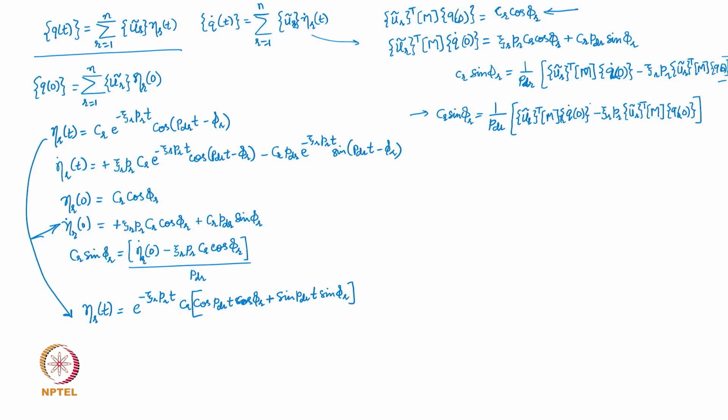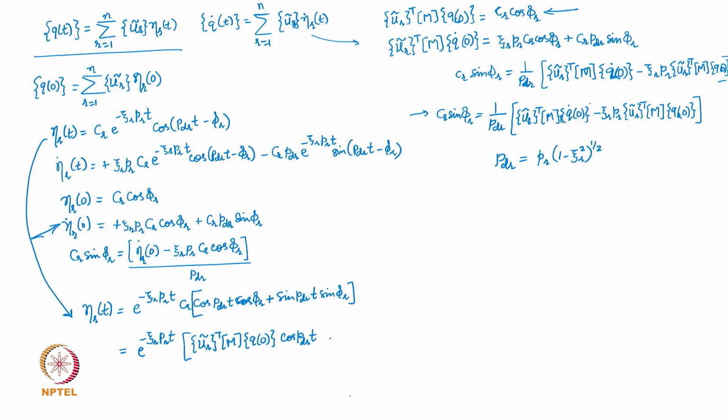So those are the things that can be now replaced here, so that you have C_r cos phi_r replaced like U_r tilde transpose M q_0 at t equal to 0, and then cos p_dr t. Mind you, p_dr is p_r into (1 minus zeta_r squared) to the power half.